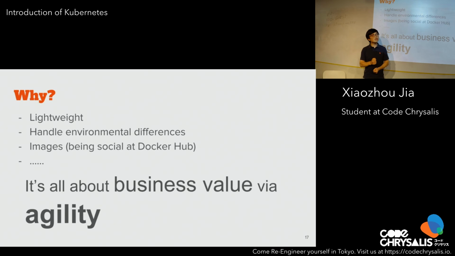To me, these are all about business value. I mean, containerization is not a goal. It's a tool we developed to achieve our goals, to solve our problems. And for me, it's all about agility. Containerization enables us to move fast. As it's lightweight, we can make changes very fast. So we build something and we deploy it, and we find users don't like a certain part of it.